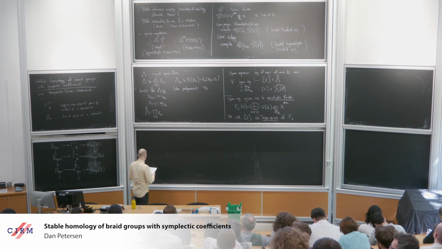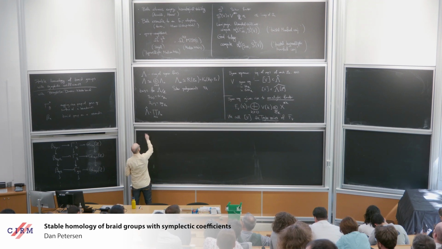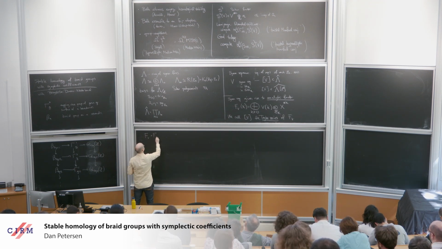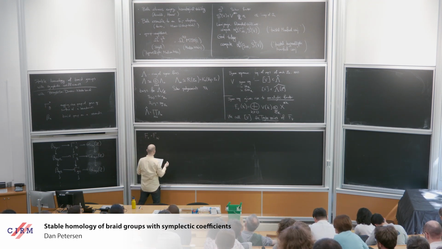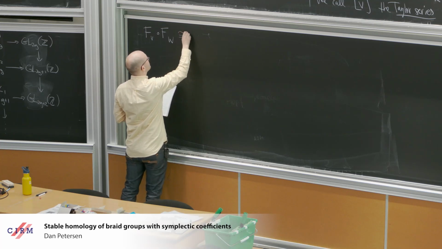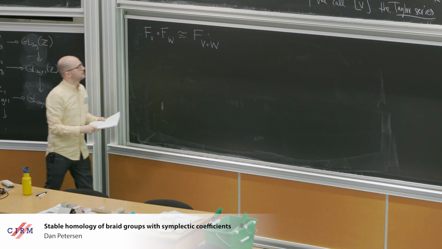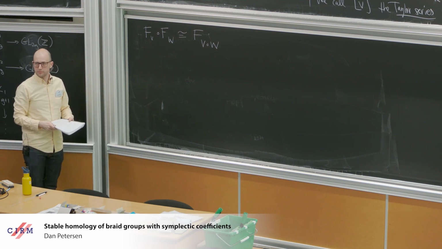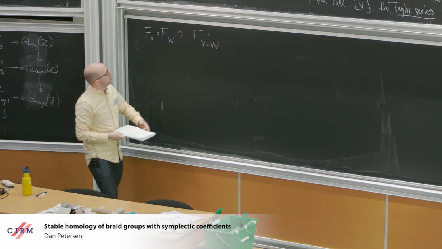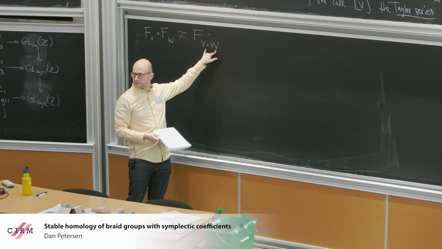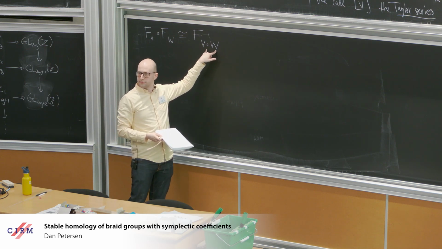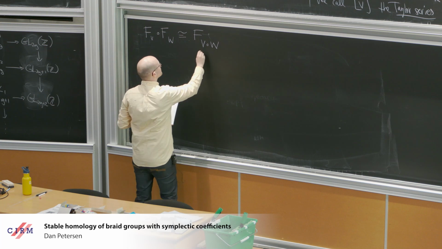Now, if I have two analytic functors, and I compose them, I get again an analytic functor, and the corresponding symmetric sequence is exactly the composition product of symmetric sequences.